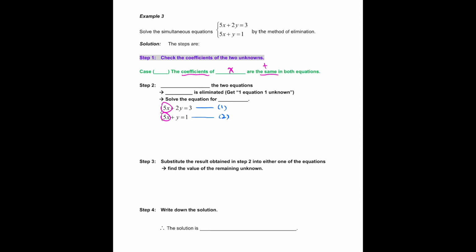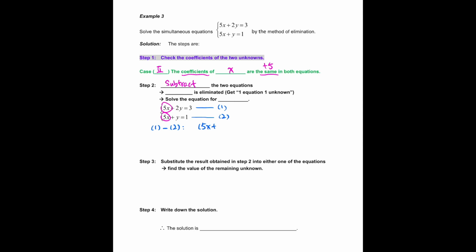Both are positive 5. So this is case 2. For case 2, when the coefficients are the same, we can subtract the two equations. And for this case, we can have equation 1 minus equation 2.